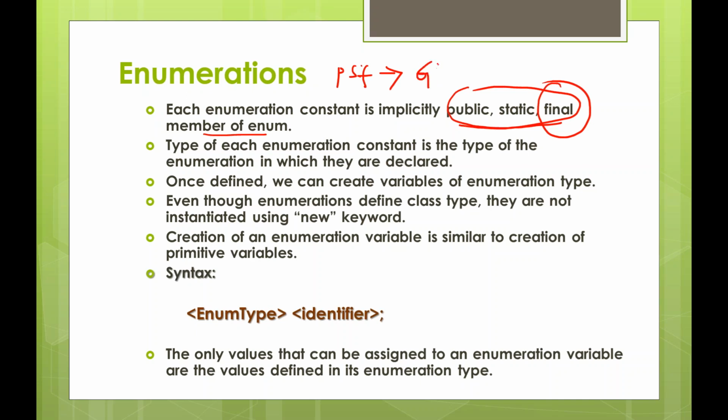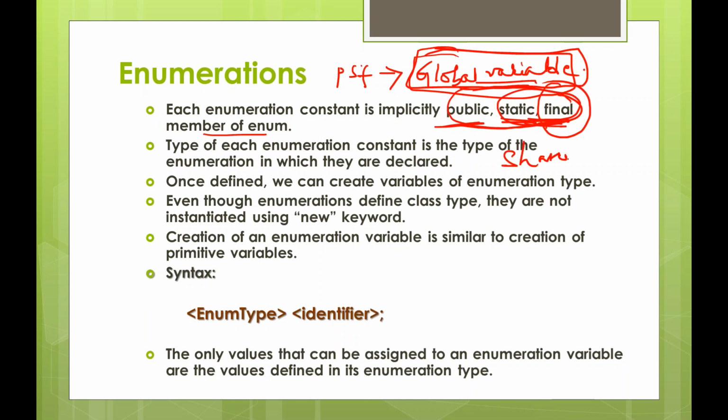It becomes a global variable. The value you cannot change because it is static and final. You have to initialize it while declaring itself, and it is public, so you can access it globally. It becomes a global shared variable.